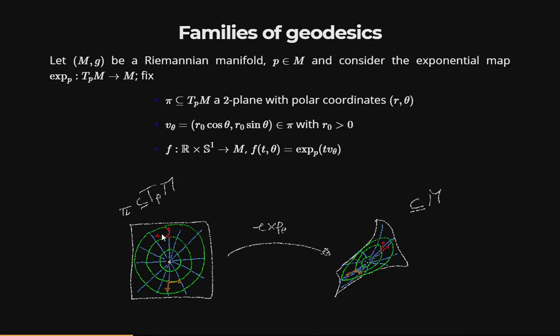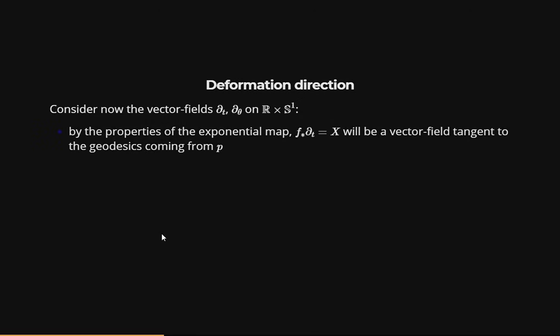The angular variable describes how the geodesic is varying in the family. So this is a family of geodesics lying on a surface, and the angular parameter gives you the variation from one geodesic to the next one. So the associated vector field gives you the direction of variation of this family of geodesics. We consider the vector fields d_t and d_theta, because t is the parameter of the geodesic, so d_t and not d_r is the right vector field to consider.